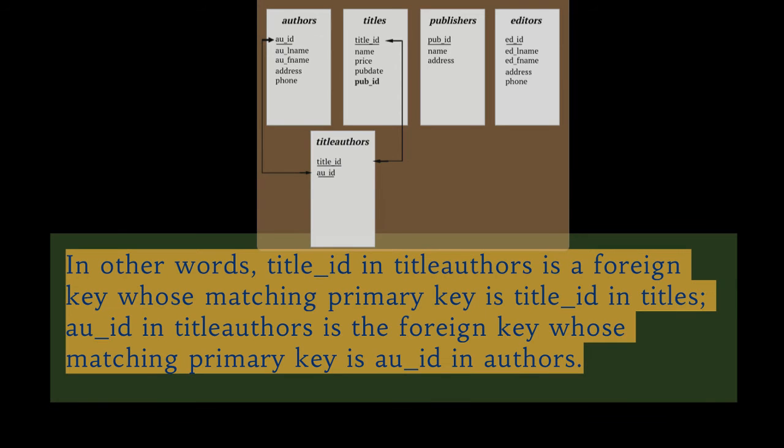In other words, title_id in titleauthors is a foreign key whose matching primary key is title_id in titles. au_id in titleauthors is the foreign key whose matching primary key is au_id in authors.